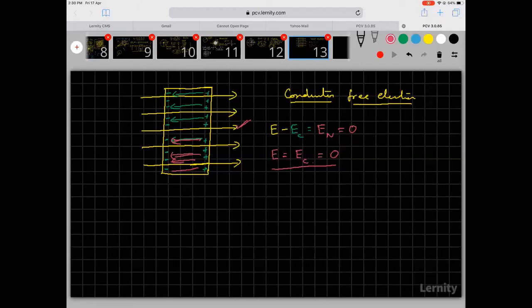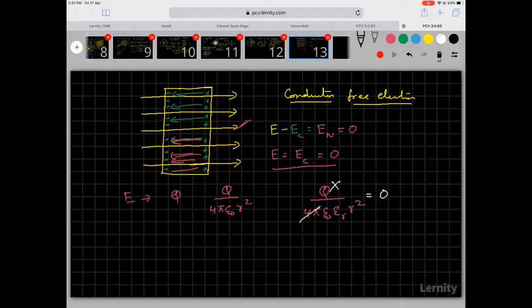Suppose E comes because of a charge Q and is equal to Q by 4 pi epsilon naught R squared. Then the electric field inside the conductor should be Q divided by 4 pi epsilon naught into E_R into R squared. Now we are seeing this is equal to 0. This is not 0.